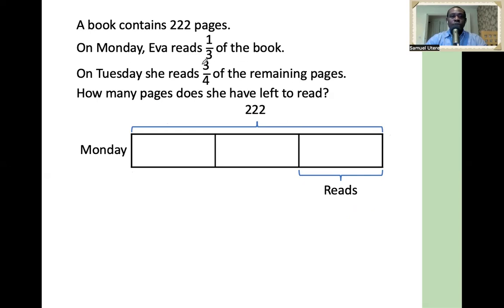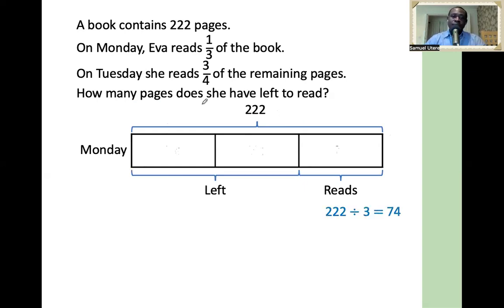So first, we need to work out 1/3 of 222. And then whatever is left, we need to work out 3/4 of that. That's what this question means. So it's about reading the question and understanding what you're asked to do. So we do 1/3 of 122, which is 74.